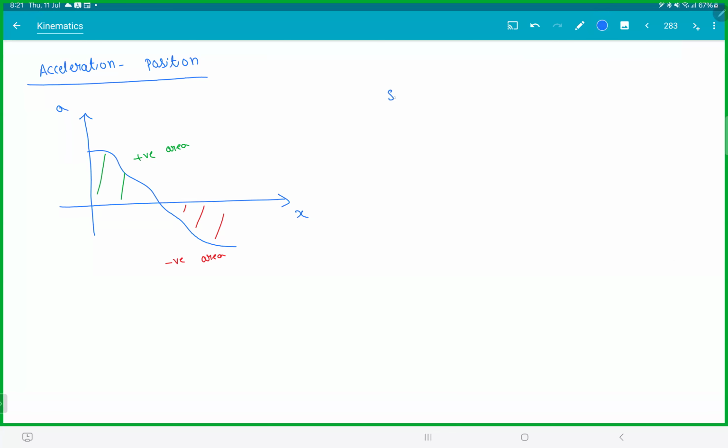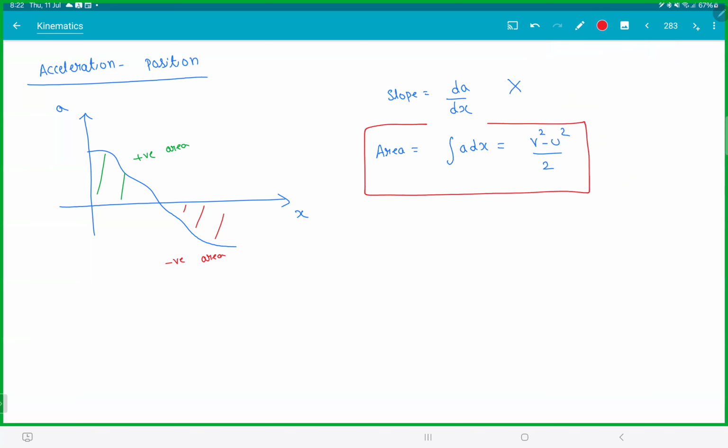So here the slope dA by dx means nothing. Interestingly, area means something here. Integral A dx. You know what is this? V square minus U square by 2. The third equation in the kinematics. V square minus U square is equal to 2as.